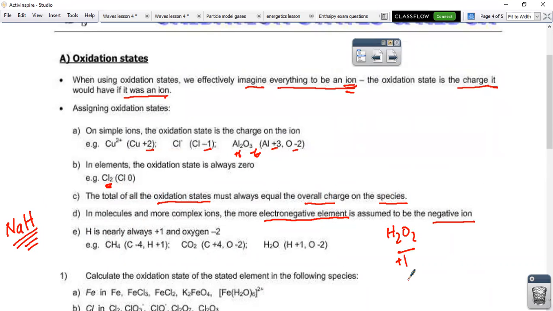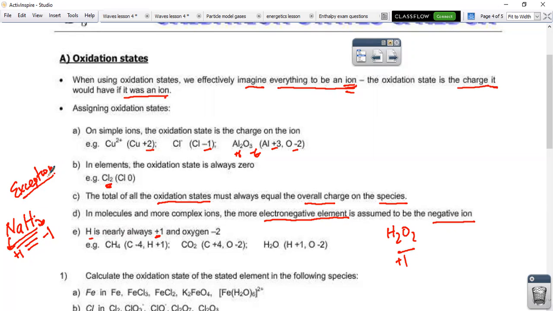But in sodium hydride, we assume that the sodium is what donates the electron to the hydrogen. So this is -1 and this is +1. But that's a very rare case. H is nearly always +1. That is the exception. I'll write again, exception.